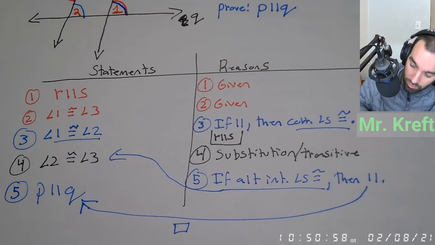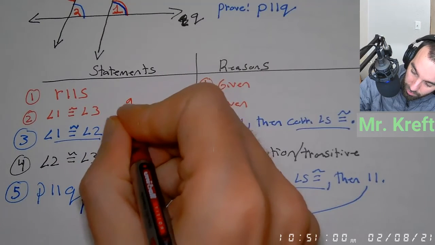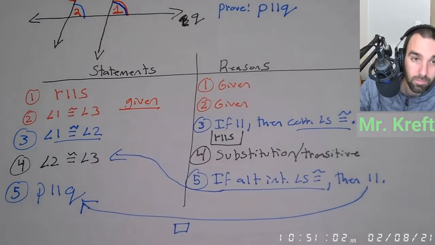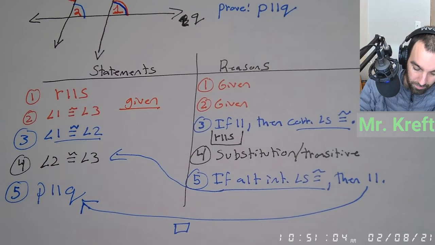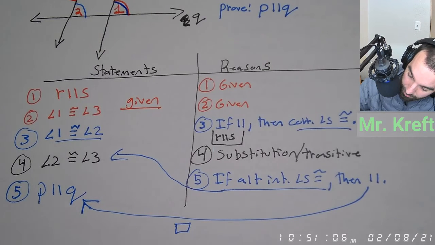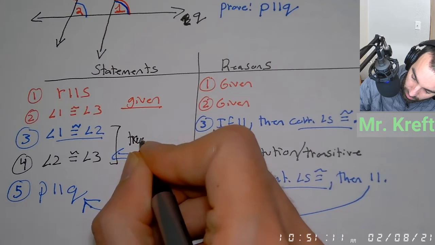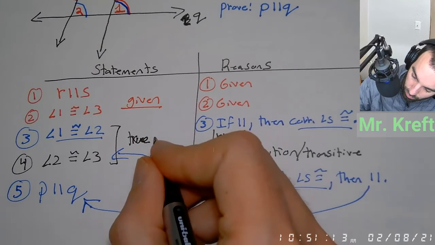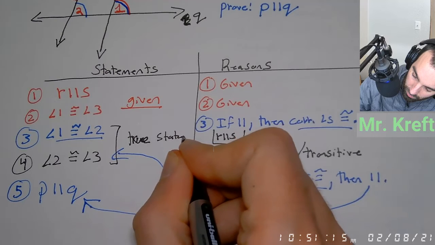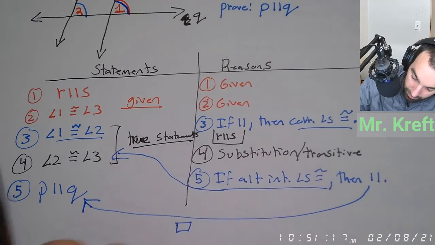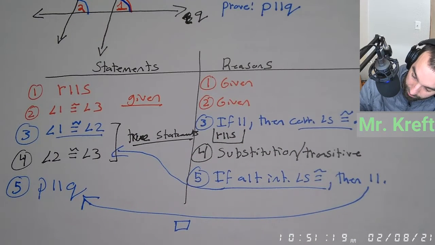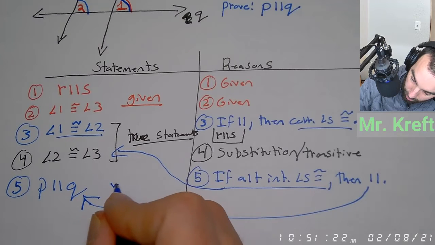Okay? But to break down what we have, you're always going to have a given. And then you're going to have true statements. And then you're going to have what you're trying to prove.